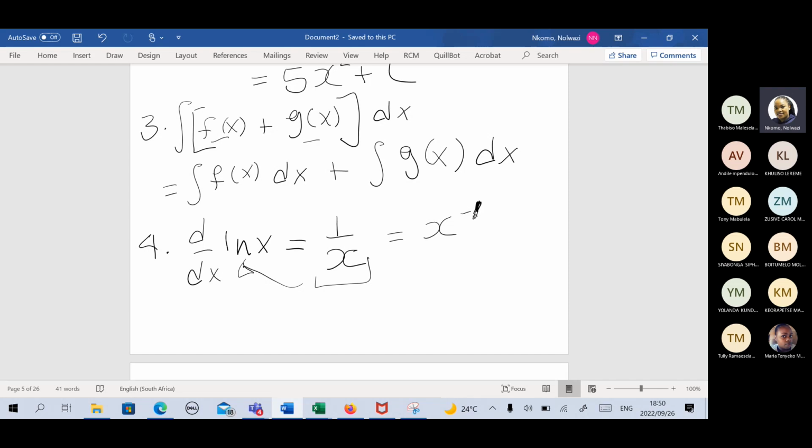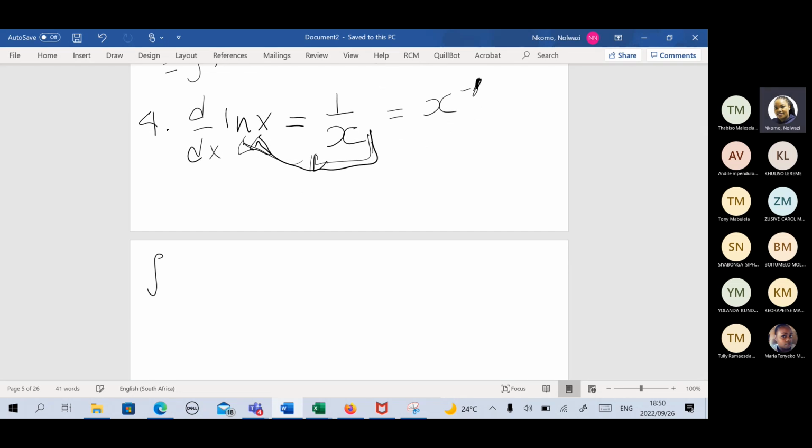Now, if n is equal to minus 1, we have 1 over x, and we get 1 over x if we differentiate ln x, meaning if we integrate it, we go back to ln x. This means the integral of x to the power minus 1, or just the integral of 1 over x dx, is ln x plus c, because it's the integral plus the constant of integration.